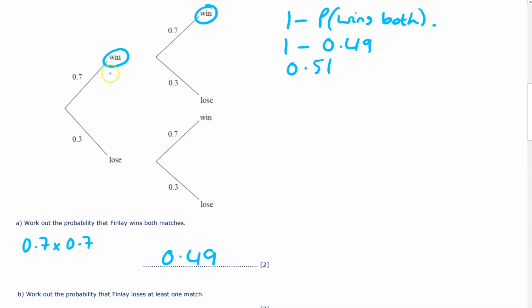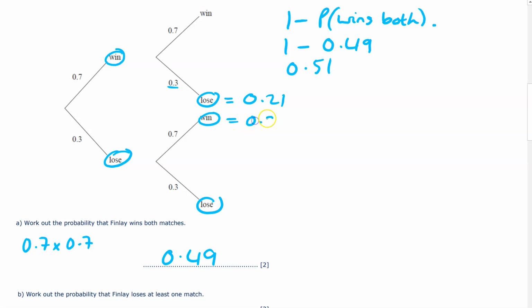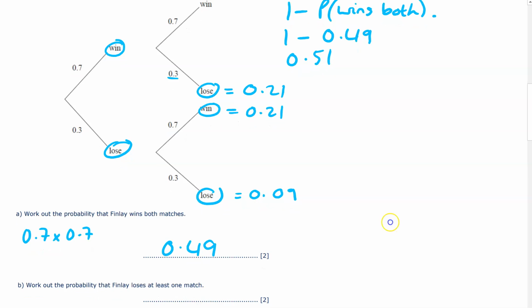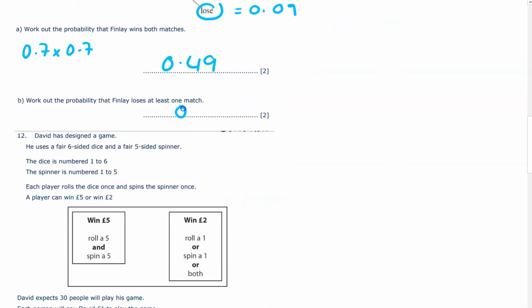Or you can do win-lose, lose-win, and lose-lose. So each one of those is 0.7 times 0.3 is 0.21, another 0.21, and 0.3 times 0.3 is 0.09, and add them together you get 0.51 again.